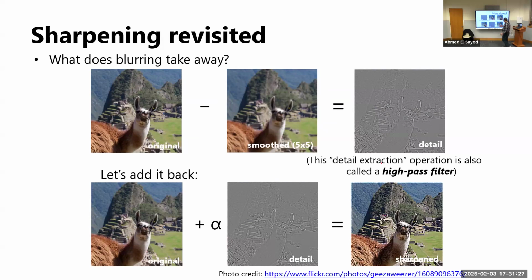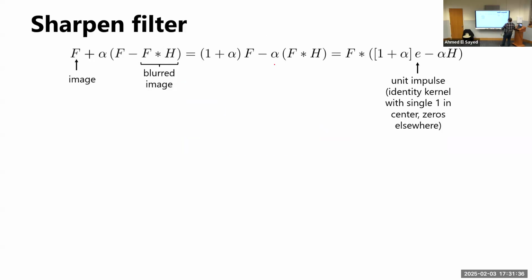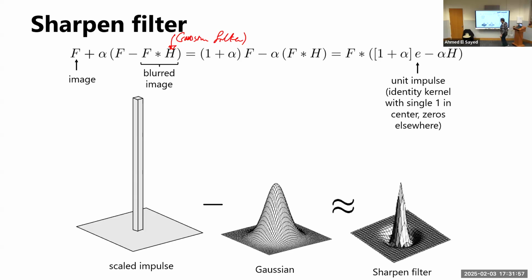Now this one can be the filtered version of the image. So I can apply the filter, or this is the Gaussian filter. Then do the math as we did last time. In this case, I can generate a newer sharpened version of the image.